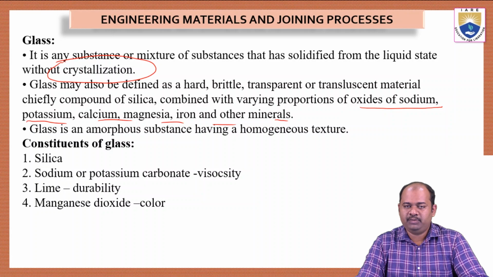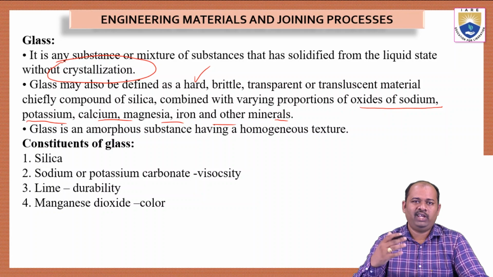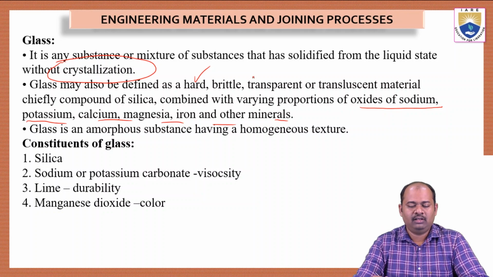The first property of glass is that it is very brittle. Even with a small crack, it can easily be broken. It can also be very hard sometimes, if it is made very thick. Then we have a transparent or translucent material, so we can see through this glass.